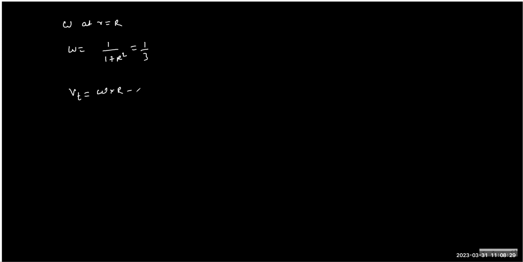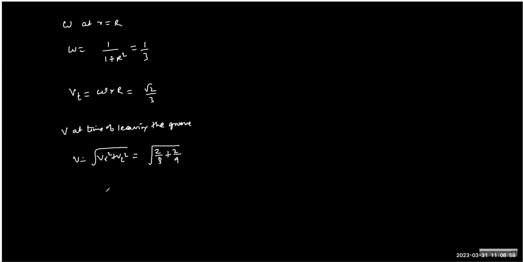Omega into R. So what is the velocity v at the time of leaving the groove? It is under root of v_r square plus v_t square. v_r was root 2 by root 3 and v_t is 2 root 2 by 9 sums up to 8 by 9, so 2 root 2 by 3.